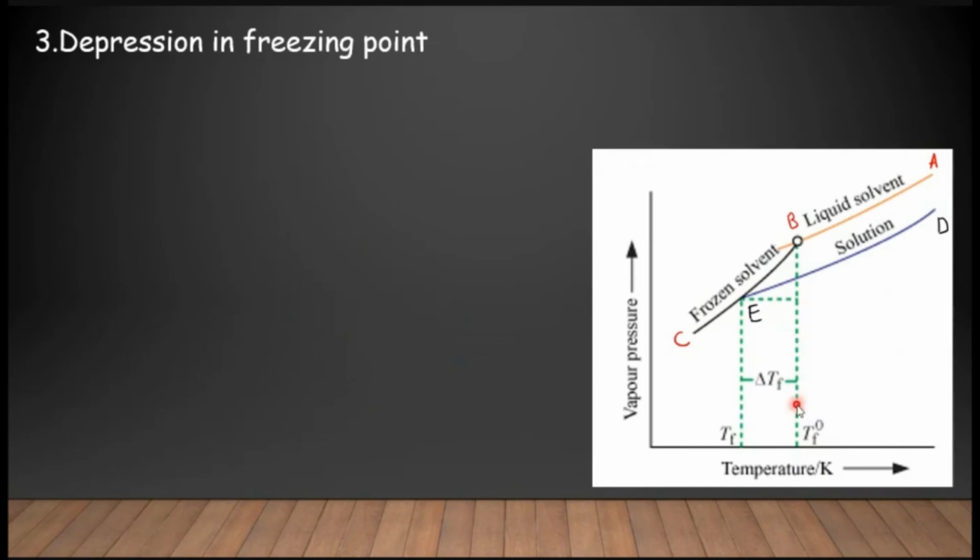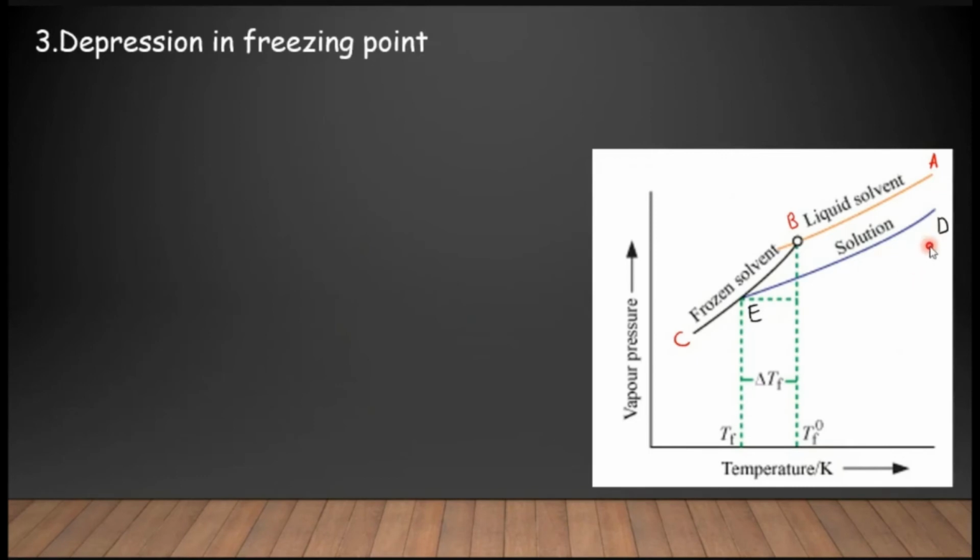At any temperature, the vapor pressure of the solution is less than that of the solvent. You can see that the curve of the solution lies below that of the solvent.